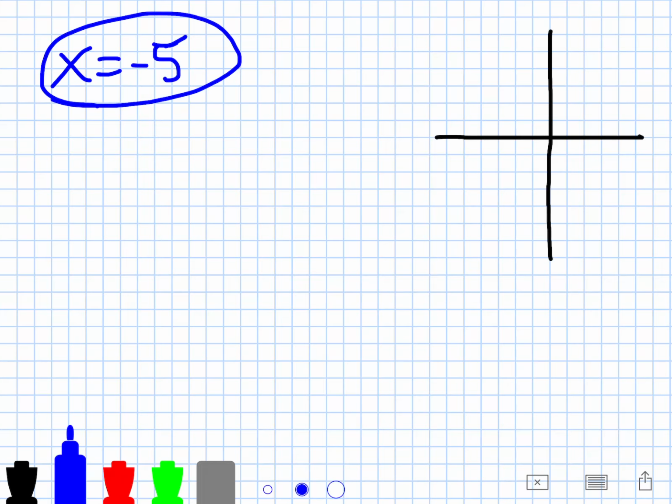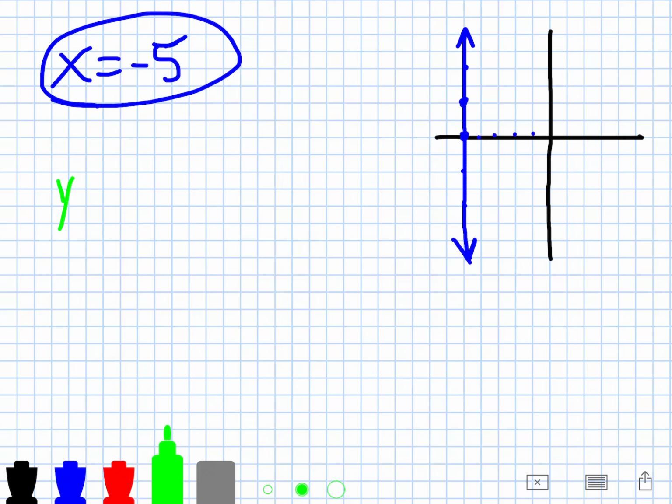So where is x equals -5? 1, 2, 3, 4, 5 backwards. It's kind of right here. Here's an x equals -5. Here's an x equals -5. And here, and here, and here. All of these have an x equals -5 part. And so it's going to be a straight up and down line right here.